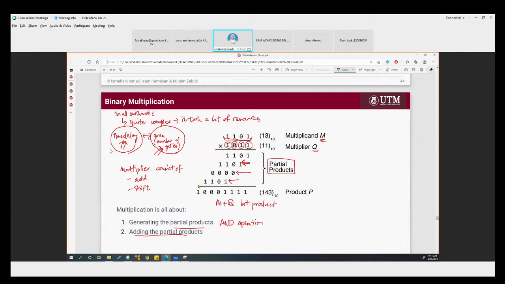We will get an m plus q bit product, and the number of partial products is equal to m or q.